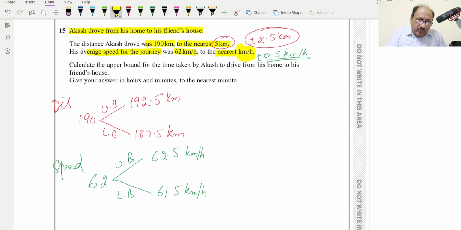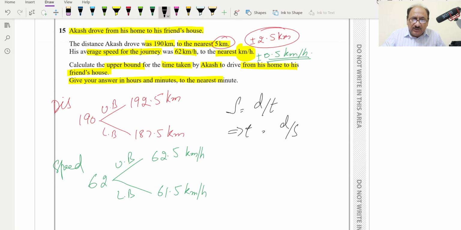Now they are saying calculate the upper bound for the time taken by Akash to drive from his home to the friend's house. Give your answer in hours and minutes to the nearest minute. Now we know that speed is equal to distance over time. This implies that time will be equal to distance over speed.